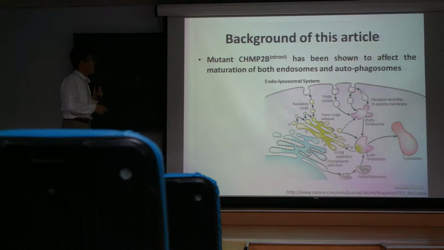For example, like the endosomal system, here is the early endosome, and it will be processed to the late endosome and then sent to the lysosomal process for protein degradation. So if we create the truncated CHMP2B mutant, a loss-of-function mutant, we will affect the maturation of both the endosomal and autophagosome processes, and eventually affect lysosomal degradation.